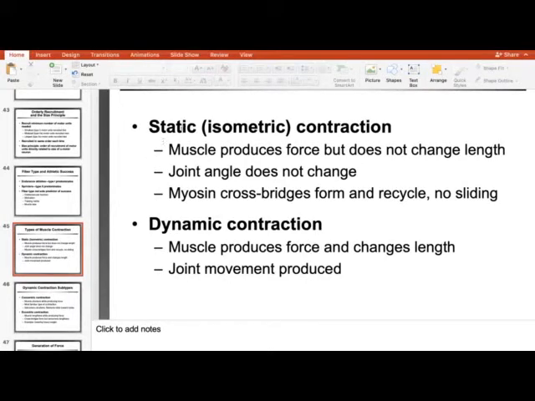So there are some muscle contractions that are static, that don't move. Iso is the same, and metric is distance. So in some muscle contractions, your muscle stays the same distance. That's like if I'm trying to hold up a bag of rice with my arms.